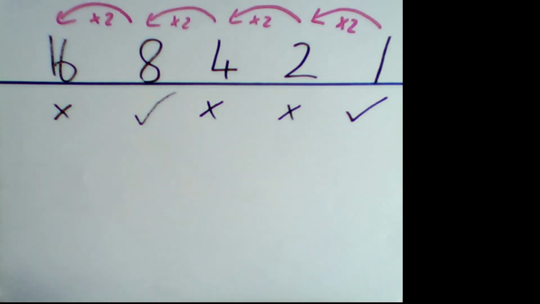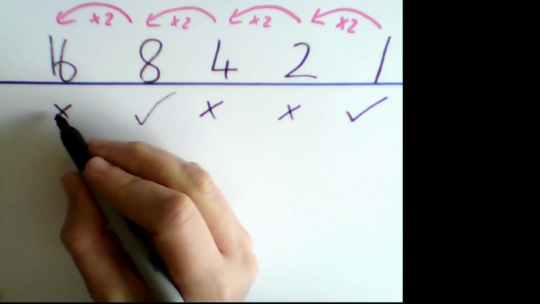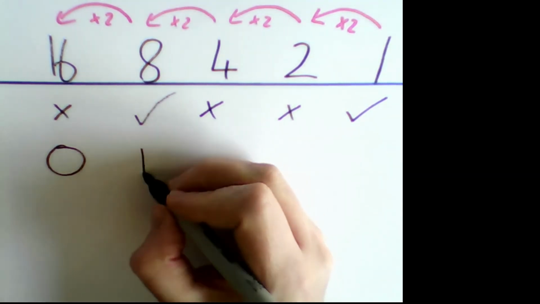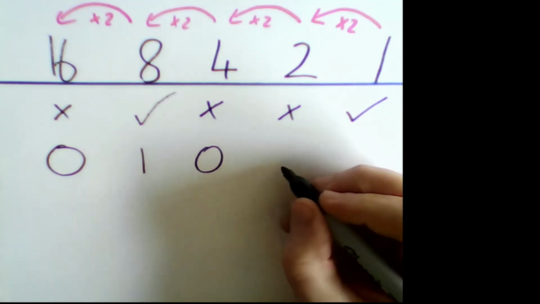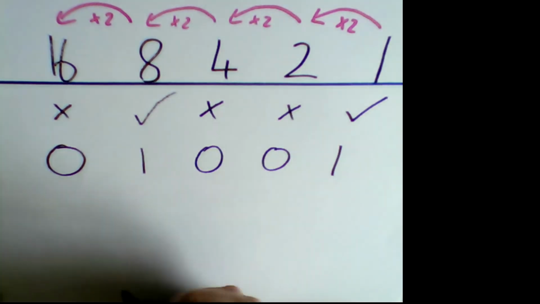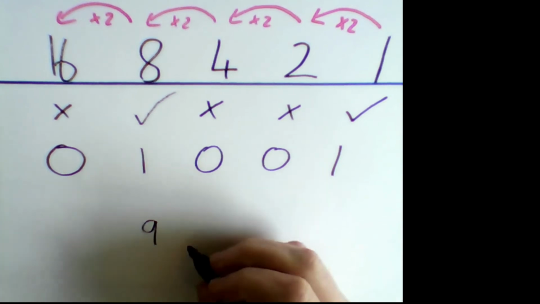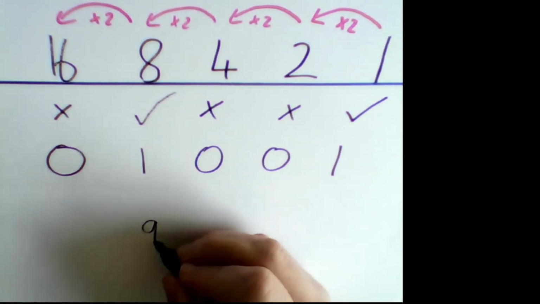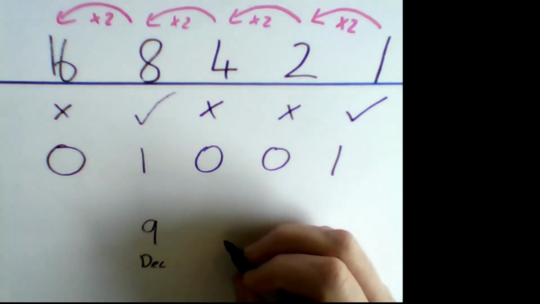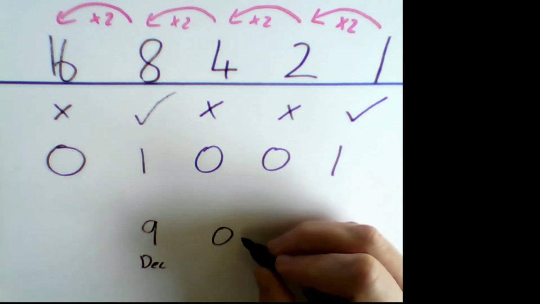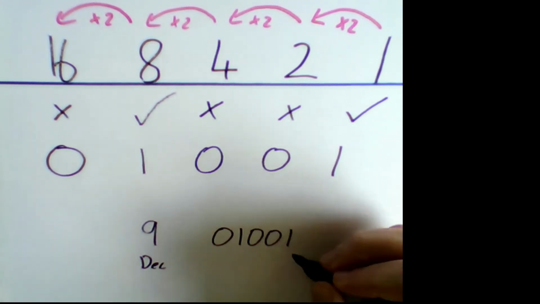We show that by saying, if we're not using it, it's 0, we don't need it. If we are using it, it's a 1. So the number 9, as we know it in decimal, can be written in binary as 0, 1, 0, 0, 1.